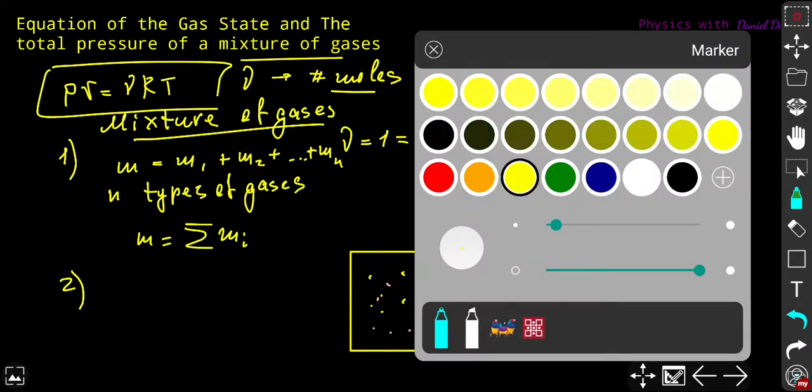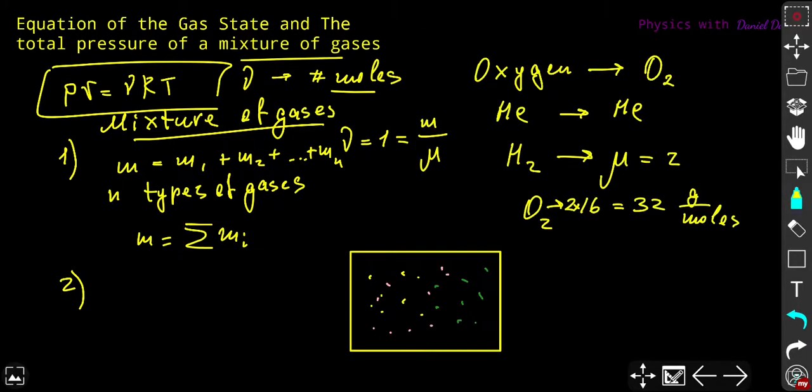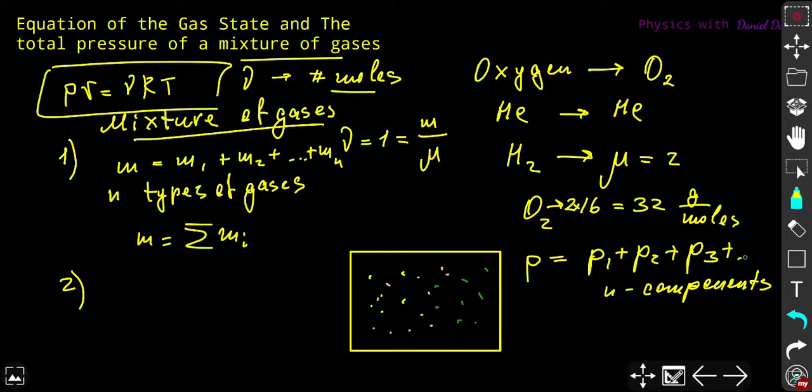For these 3 components of the substance, we need to simply consider the total pressure as the sum of each pressure in particular. So for n components, we simply add up to Pn. Another way around, we can use this equation for any particular number of components.